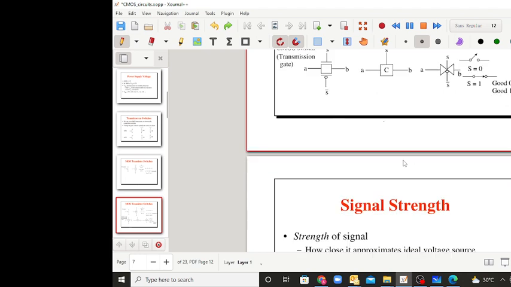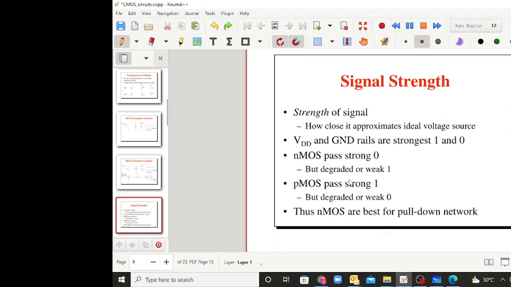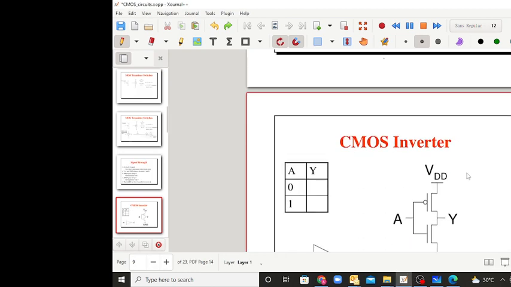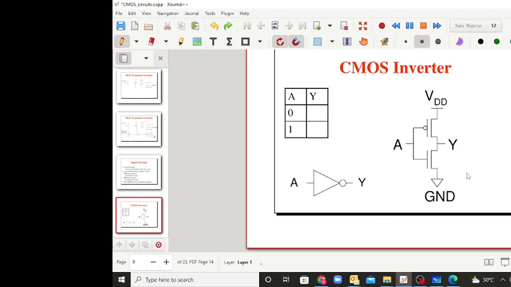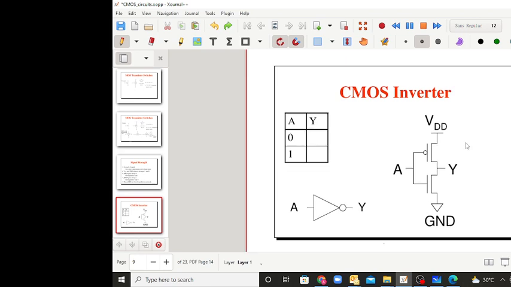For the signal strength, you may be using a VDD of 5 volts, or a VDD of 3 volts, depending on the technology node. It may be 5 volts, 3 volts, 2.2 volts or 1.8 volts. That is called the positive VDD voltage level, and 0 is the 0 voltage level.